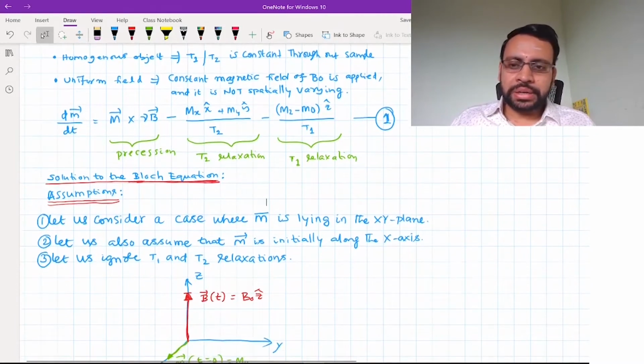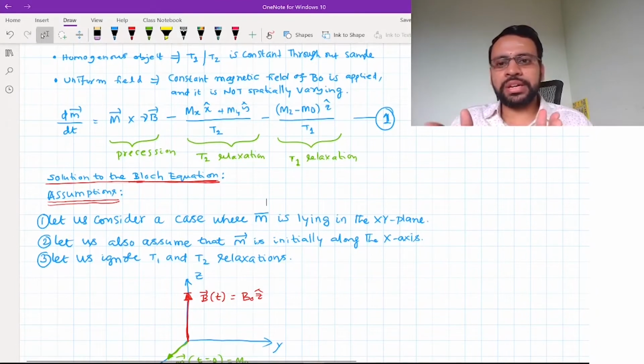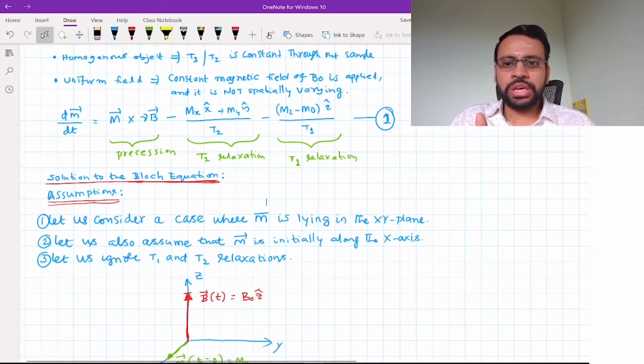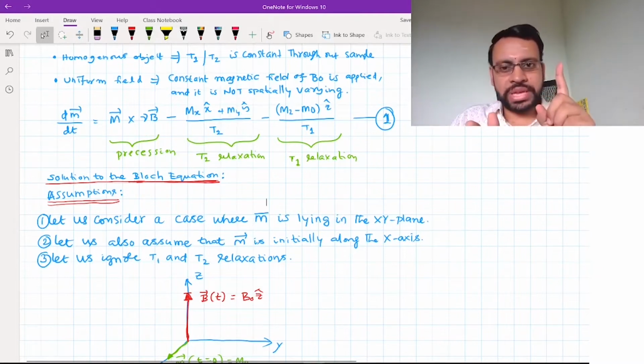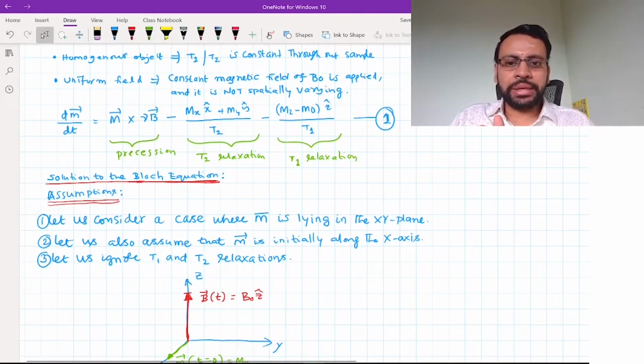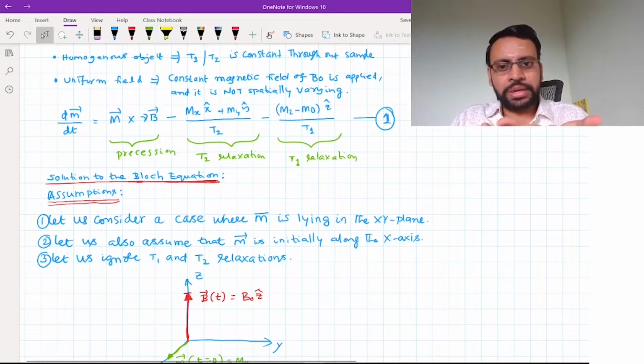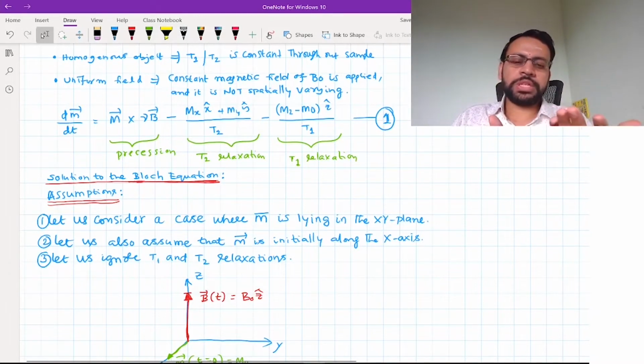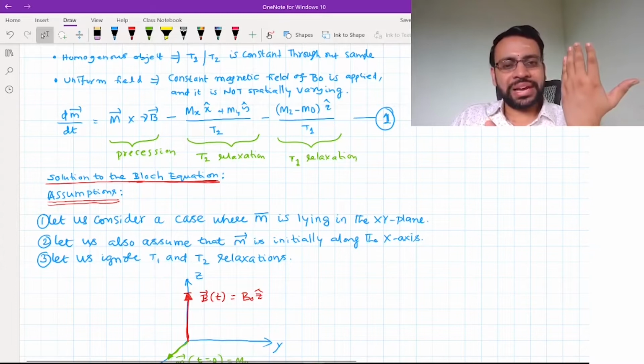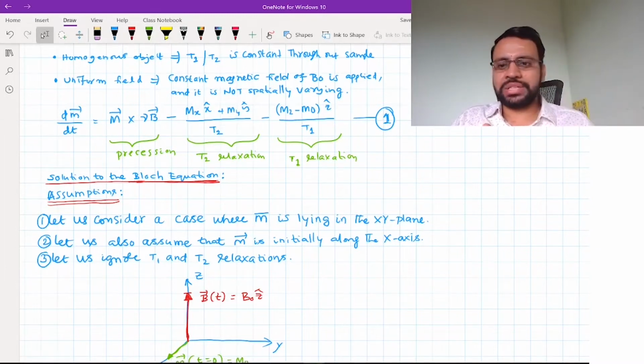Let's start with the differential equation that we came across in the previous class, where the derivative of the magnetization with respect to t is equal to the cross product of M bar with B bar, the term responsible for precession around the z-axis, and the second term which is associated with the T2 relaxation in the transverse plane, and the third term which is responsible for T1 relaxation in the longitudinal axis.